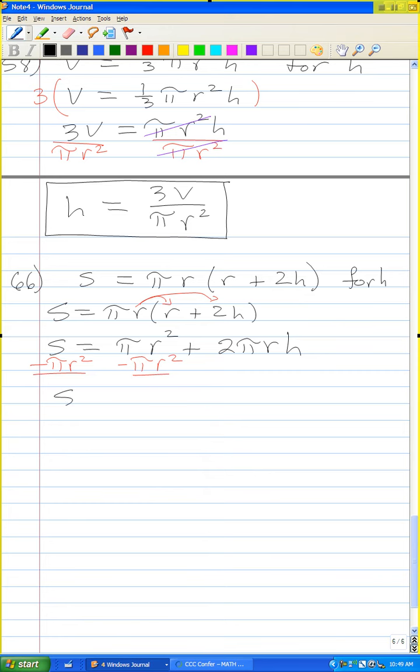So I get S minus pi r squared equals 2 pi r h. Let me divide both sides of my equation by 2 pi r. And so the 2 pi r's cancel, and you get h is equal to S minus pi r squared over 2 pi r.